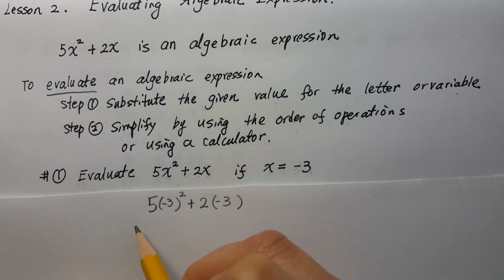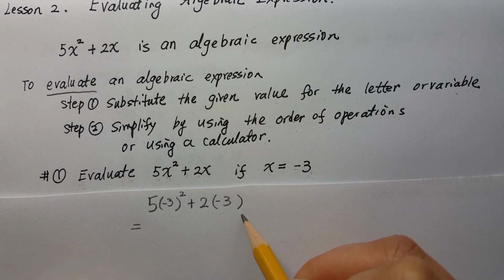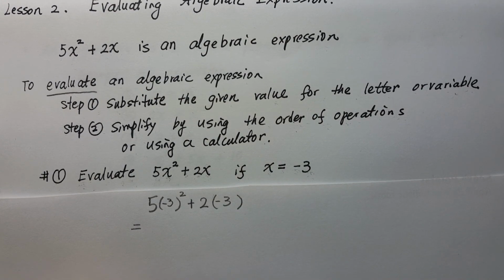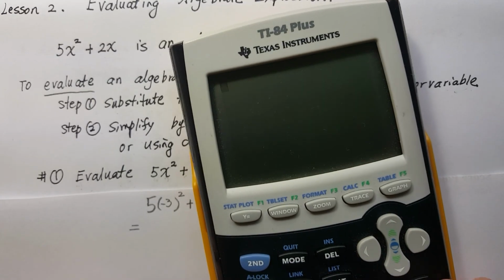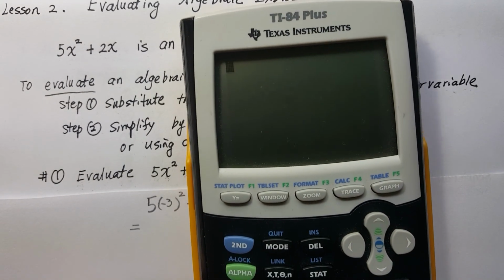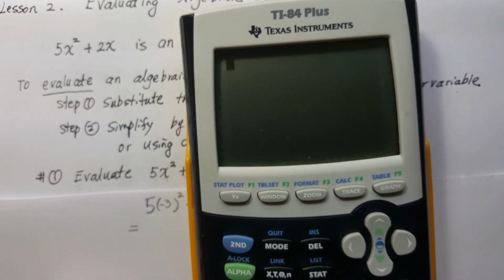Now, you are going to type this into the calculator, exactly what you wrote. So now I have a graphing calculator. You can download a calculator app if you don't have a calculator. So we have 5.